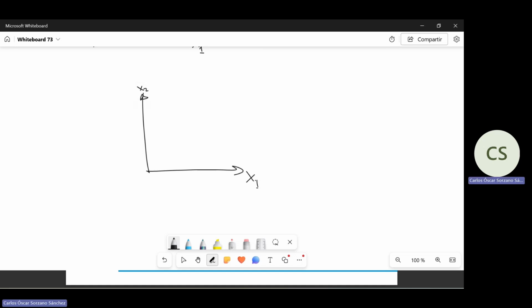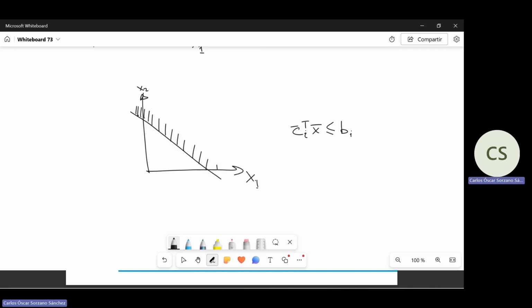A linear constraint is something like C_i transpose X smaller than B_i, where C_i is a vector. Okay, so this is a line here. And let's say that the side that is smaller is this side.